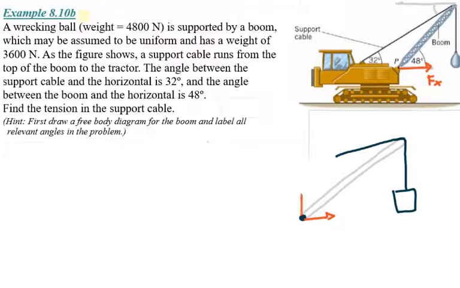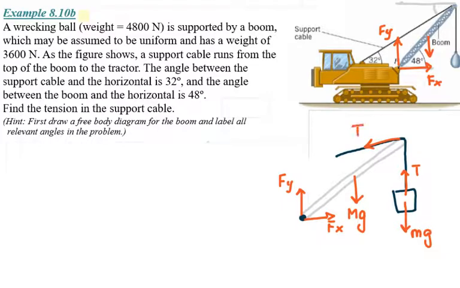And there's going to be some vertical force, I'm going to call it Fy, so Fx and Fy. Then there's going to be the mass of the boom itself, the force of gravity on the mass of the boom. Let me call it mg. This mass has mg, and it has the tension. And then also there's going to be tension this way.